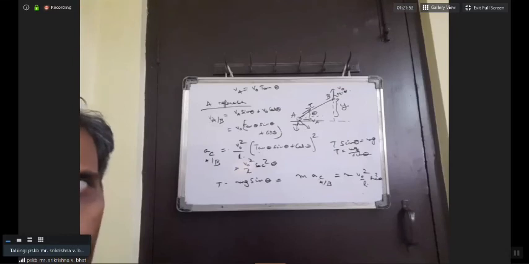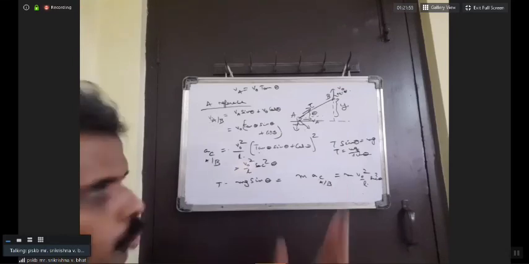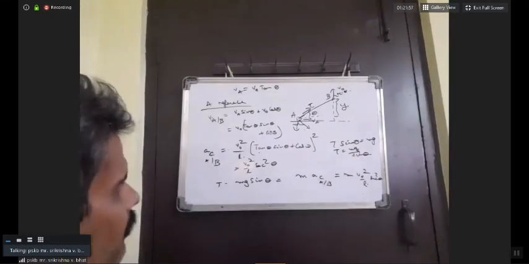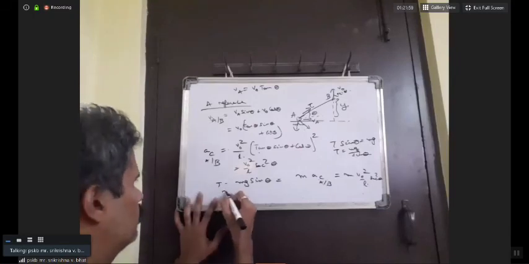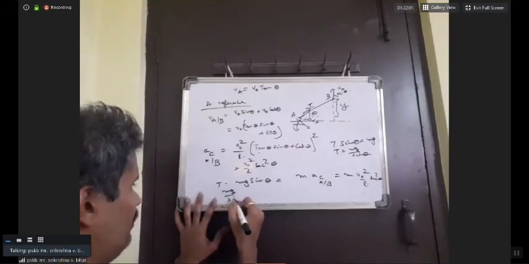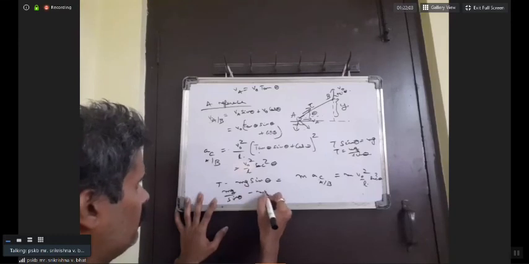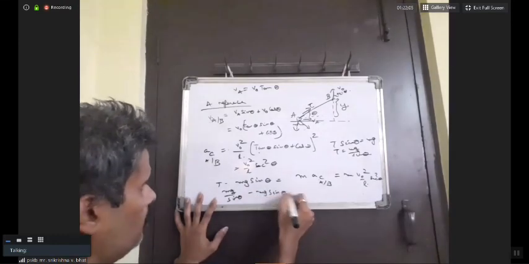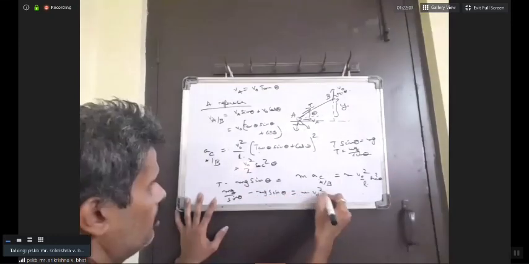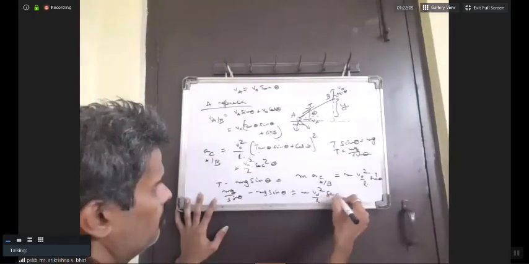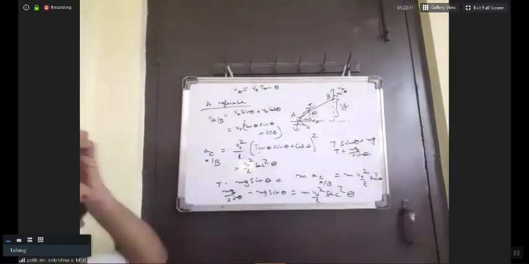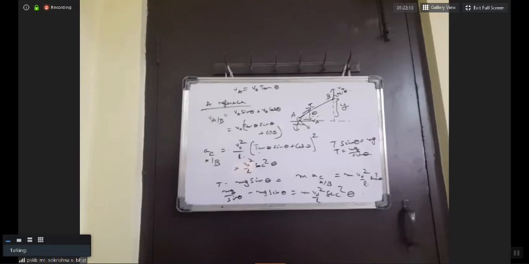Normal force is not there, it is just about to lose contact. So T equal to mg by sin theta. Mg by sin theta minus mg sin theta equal to m V naught square by L secant square theta.